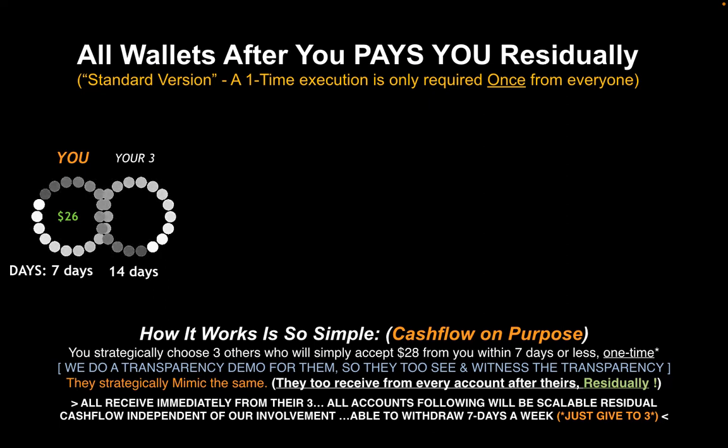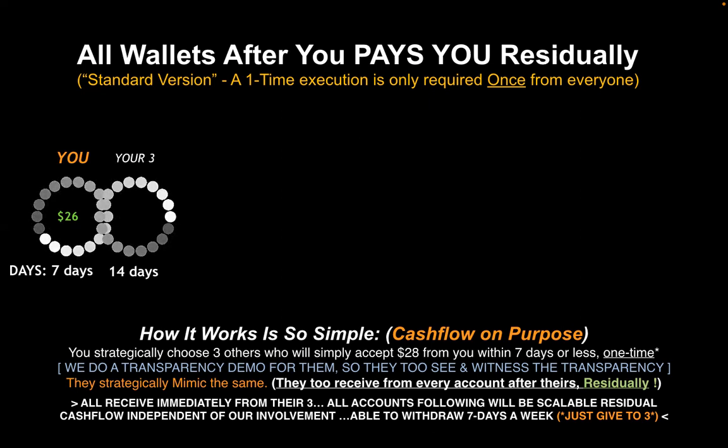Now, you just saw it didn't take me 7 days to have 3 accounts come in this demonstration. So we're talking with people moving this thing slow. We can go as fast as we want to, but I'm showing us the slow outcome here.